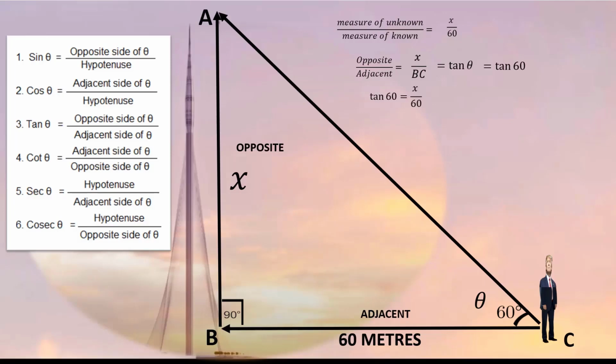When you simplify this, you get x is equal to 60 times tan 60, right? Now you need to multiply the value of tan 60 by 60 to find the height of the tower.